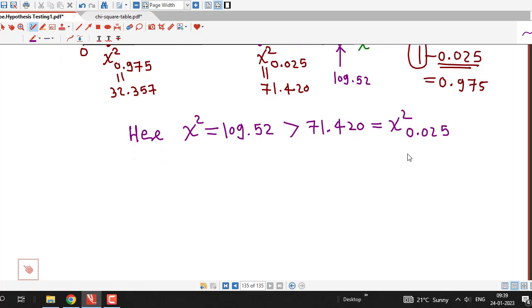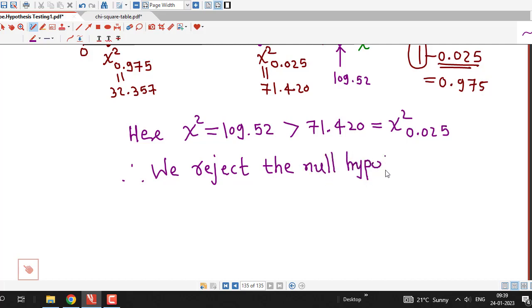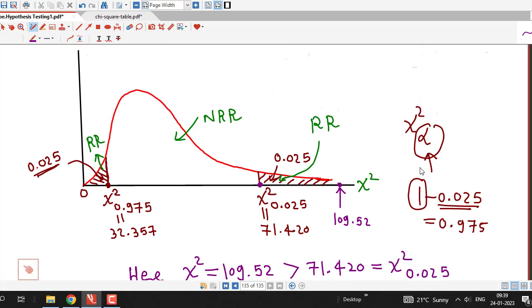That means we are in the rejection region, and therefore the conclusion is we reject the null hypothesis H0.